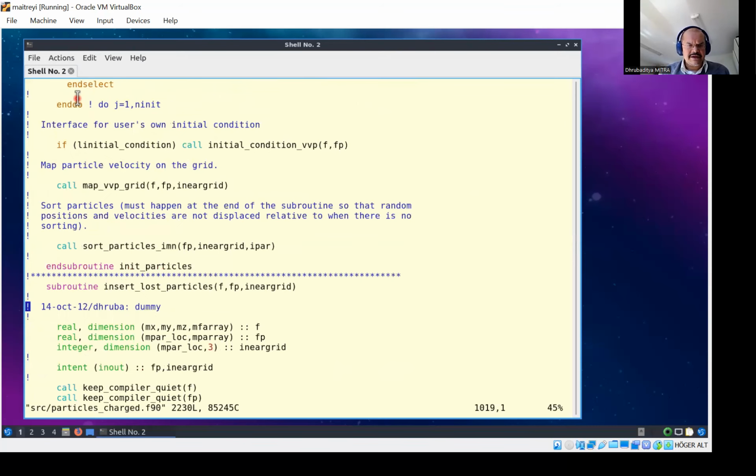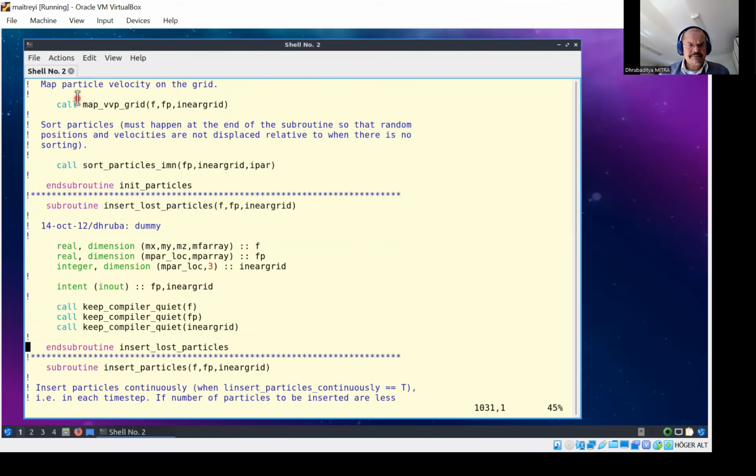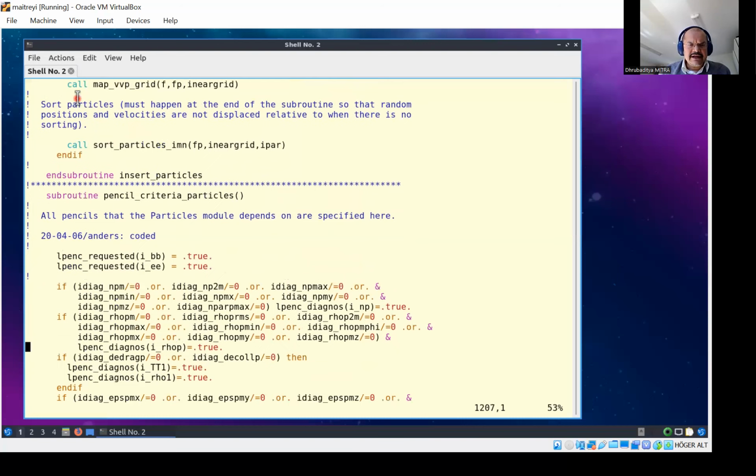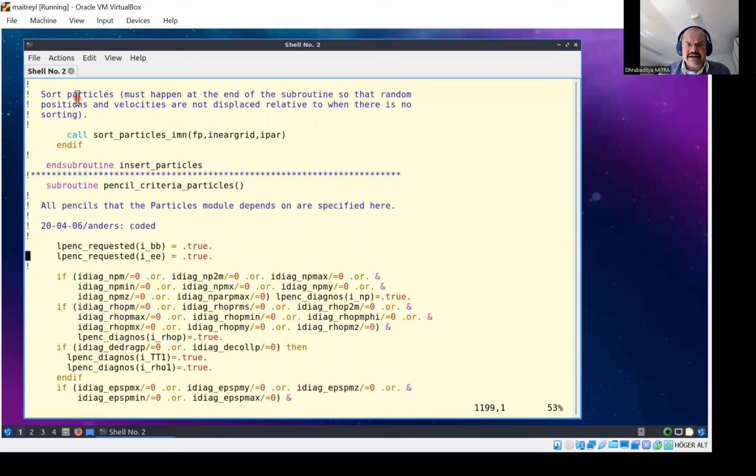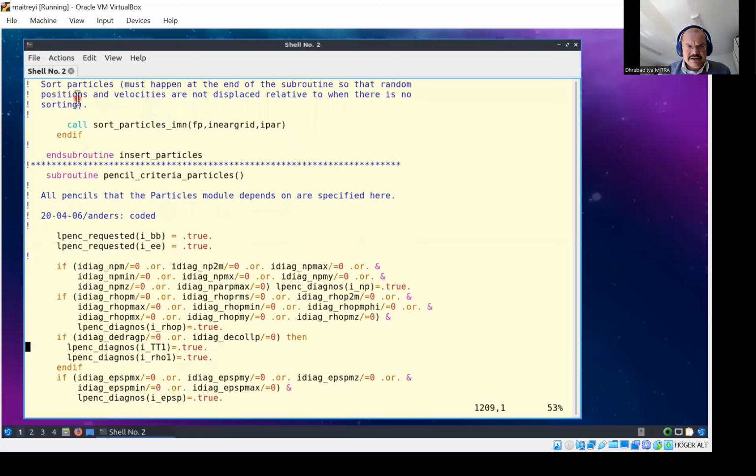Okay, we are back. Then there is insert lost particles. Don't worry about that. Then there is insert particles. Don't worry about that either, because this allows you to insert particles anytime you want. And then comes the idea of pencil criteria particles. This is important because to calculate things, you may need to assume something already.